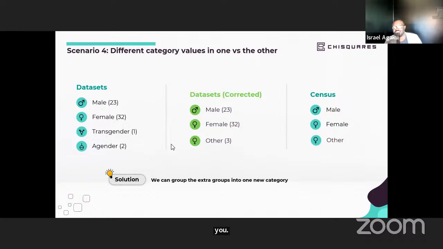Because remember, assignment to groups is at random. And if it's at random, it means that if you repeat it again, it's not going to be the same, even if you use the same software, because you are assigning at random. Now, what we use on our platform is programming languages too, right? So in principle it's the same thing that's being done. It's just that you don't have to do it manually.